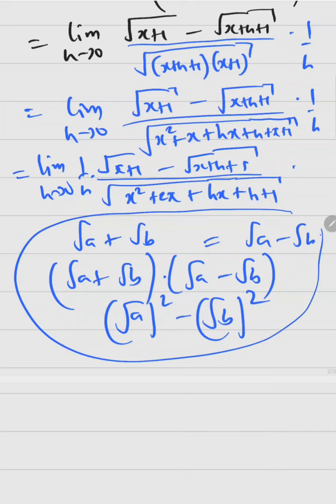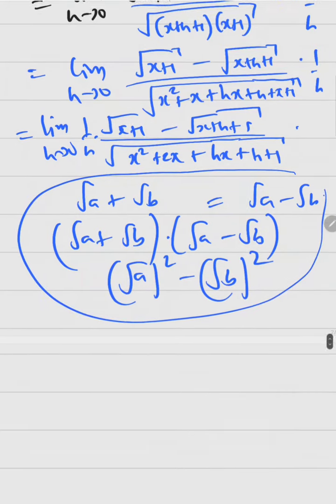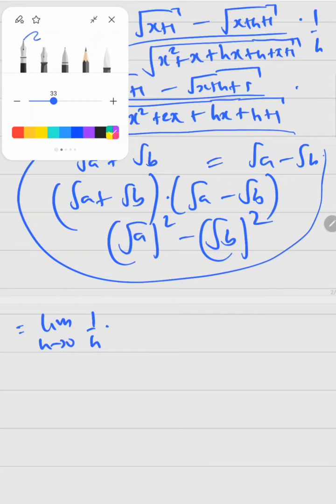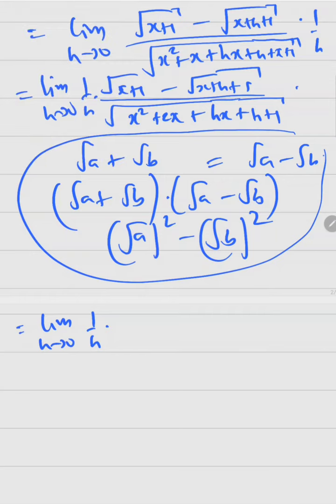So if you rationalize the numerator using the same approach, I'm going to have limit as h tends to 0, 1 divided by h, then multiply by, let me change my marker if that makes sense.